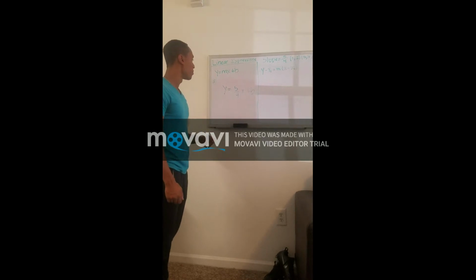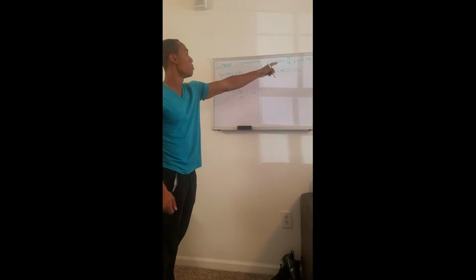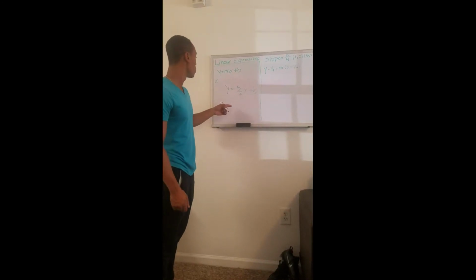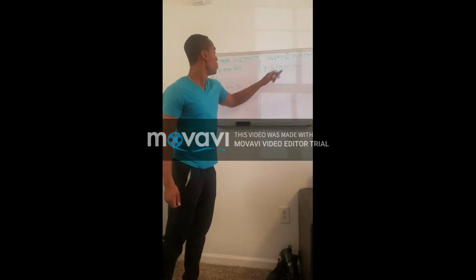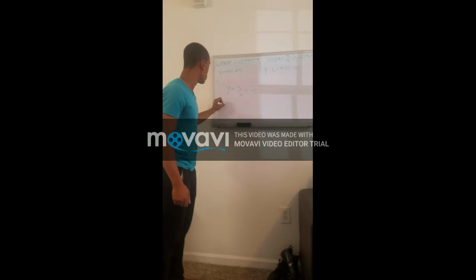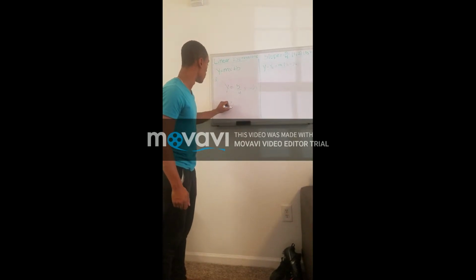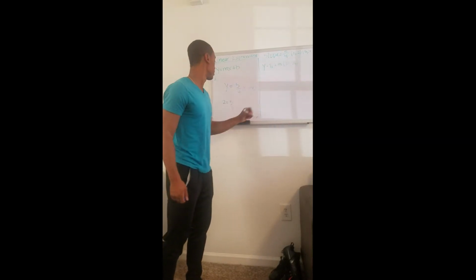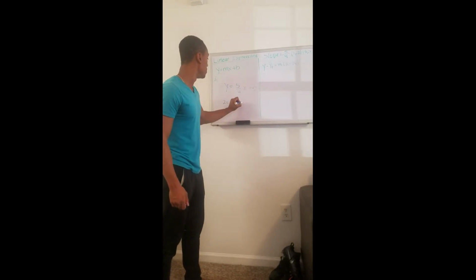Okay, so now to find b, we're going to have to plug in one of those 2 points to then solve for b. So let's choose the first point, 1, 2. 2 is y. We have 2 equals 5 over 4 times 1 plus b.